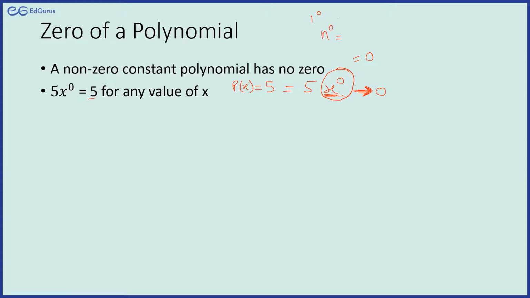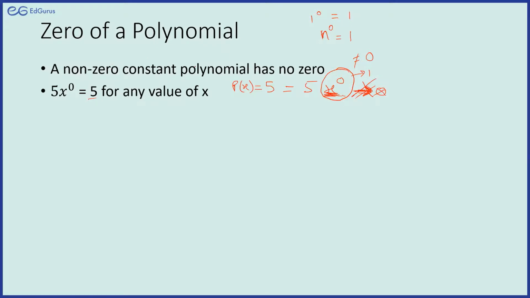If n is a number, 0 of any number is always 1. 1 to the power 0 is also 1. So x to the power 0 will never be 0. It's always 1. Right? So no matter what value of x I substitute, I will never get 0.